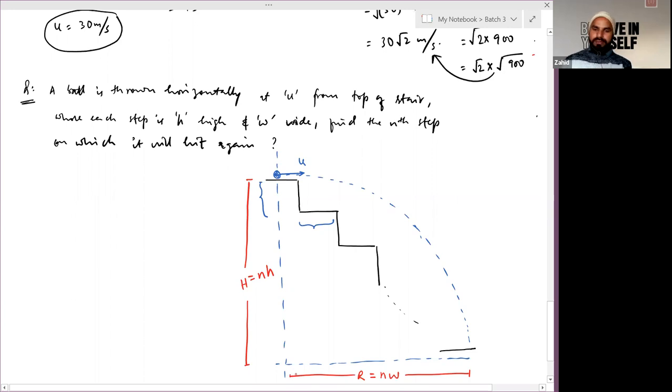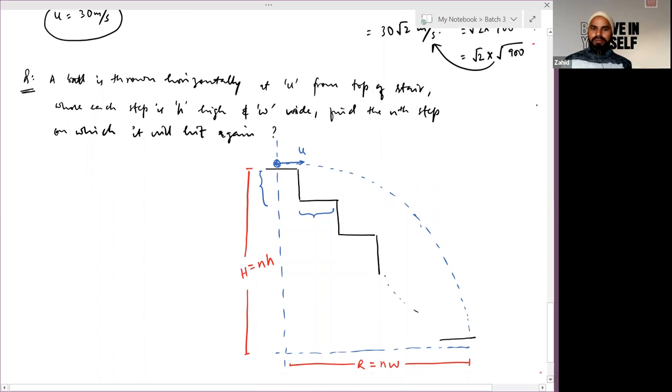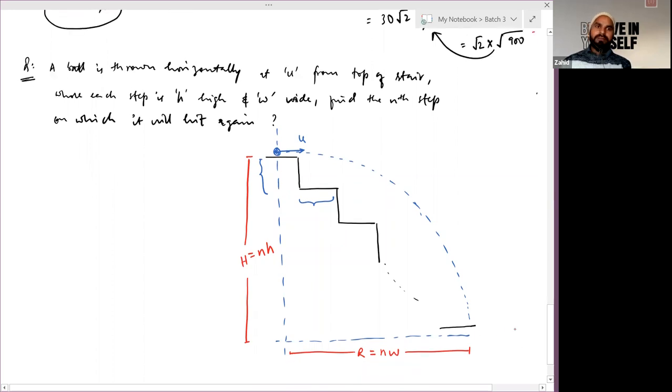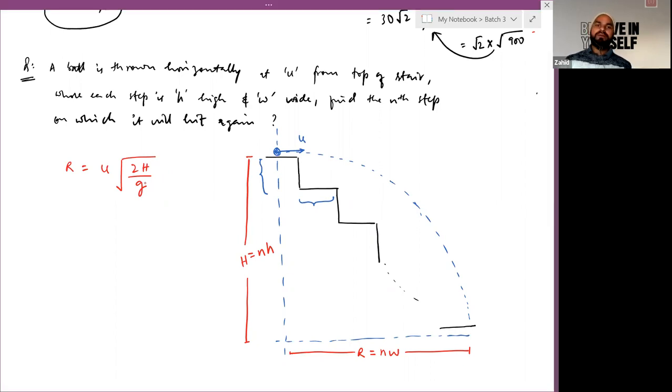Now we have height and range, so we have a relation between them. Just put all the values in that part and try to find n. As we have R is equal to u times root under 2h by g. Put the value of R and h and simplify it to get the value of n. Try to solve.